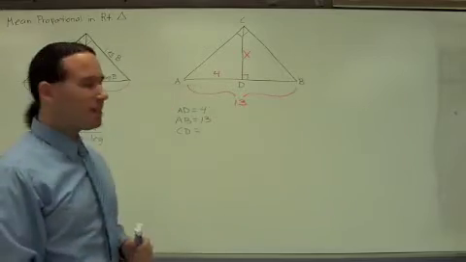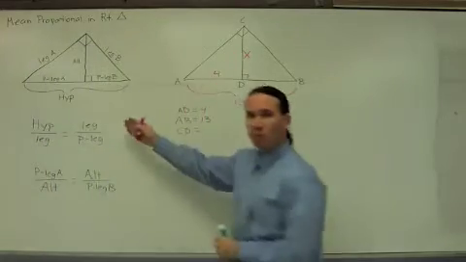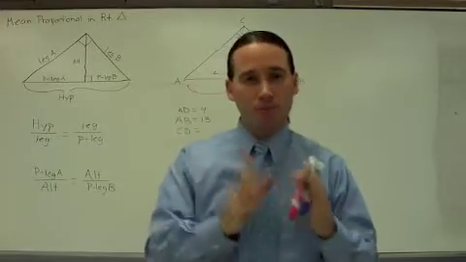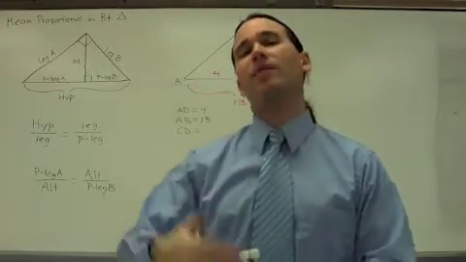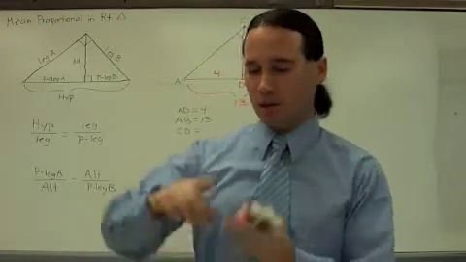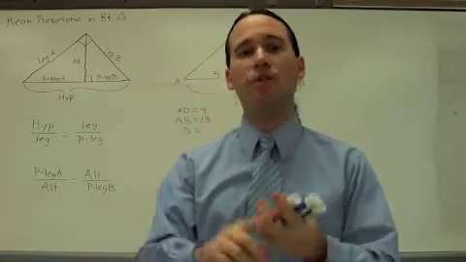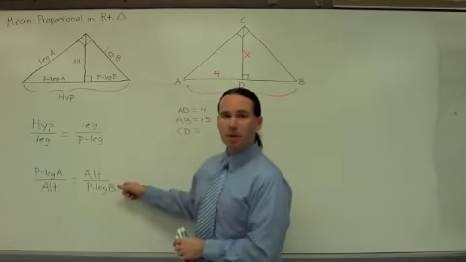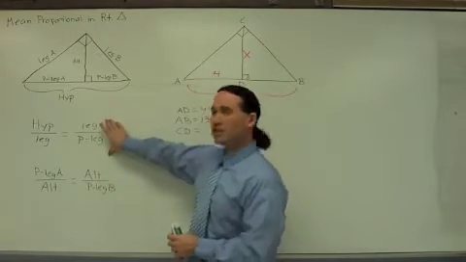Now the first decision you need to make is which one of these two proportions are you going to use? There's a very easy way to figure this out. You're going to look at the problem and just ask yourself, do I have an altitude in this problem? Either you're given an altitude or you're asked to find an altitude. If that's the case, this is your guy right here. You'll notice that the altitude does not exist here.